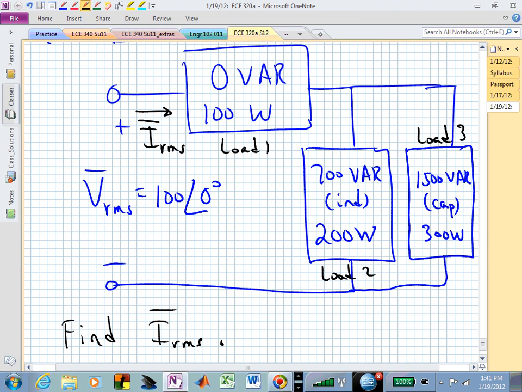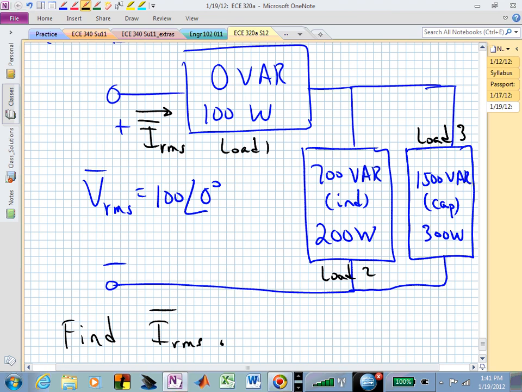How would you maybe approach that problem? Do you know this voltage on the right hand on these two parallel loads? Do you know the voltage drop across those? No.